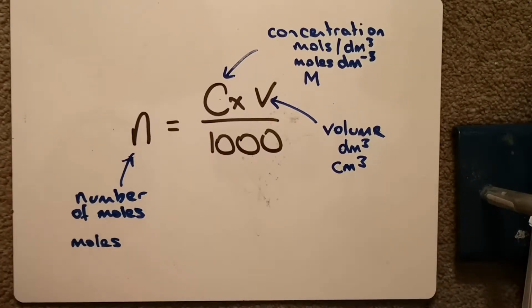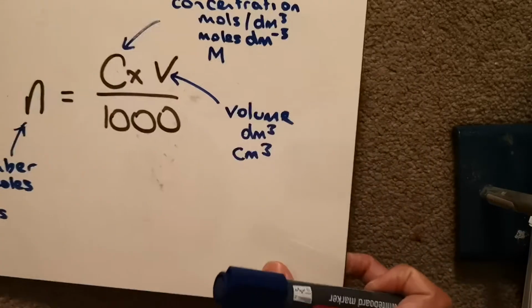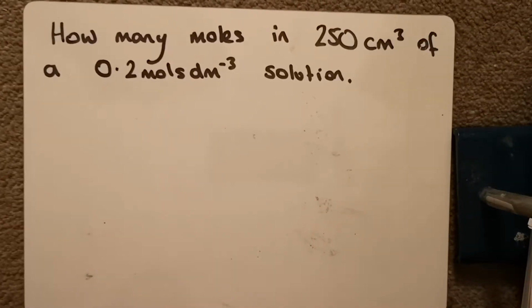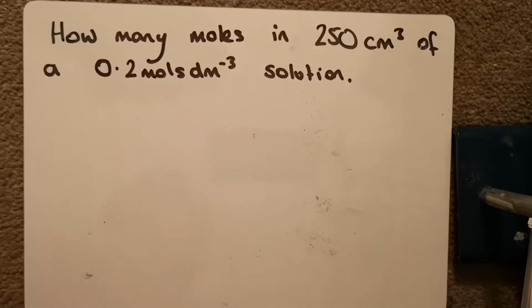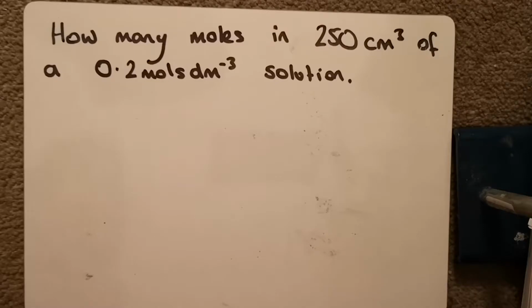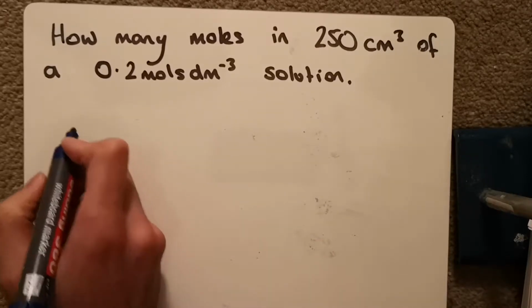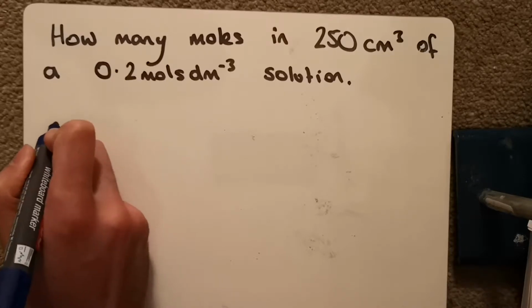So let's have a look at our first question. How many moles in 250 centimeters cubed of a 0.2 moles per decimeter cubed solution? So the first step here is to write down what we know.